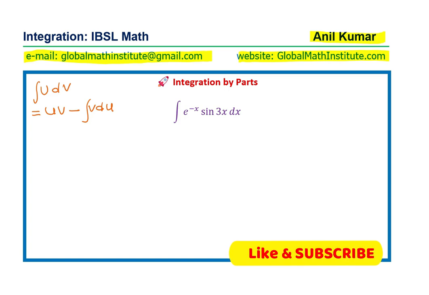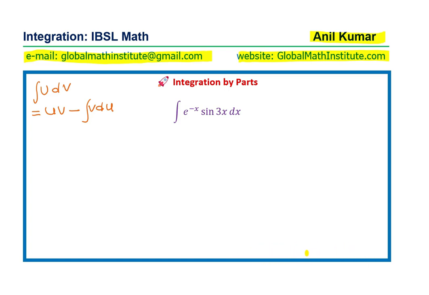Now, how do we really split and write? Well, there is a way of priorities to decide which one to write as u and which one as dv. LATE is the short form, which you can see in my videos. Link is being provided. Here we have e to the power of minus x and sine 3x. Both are under the same category.